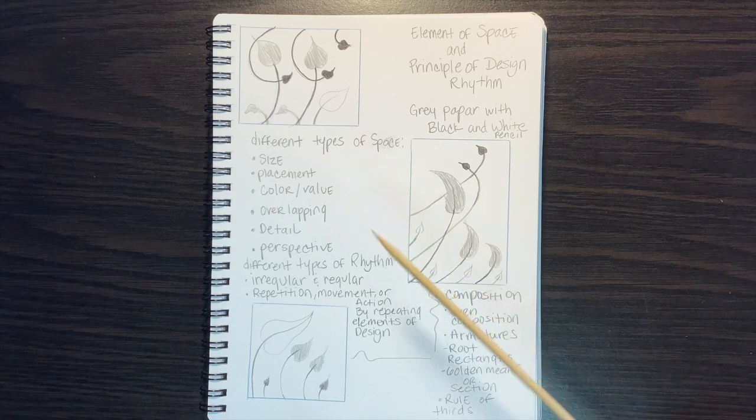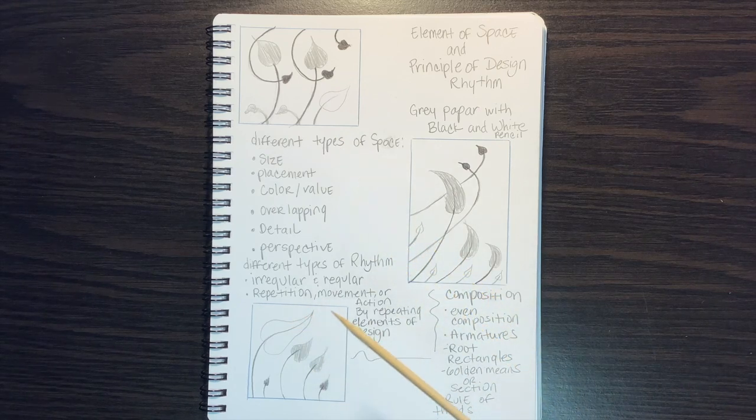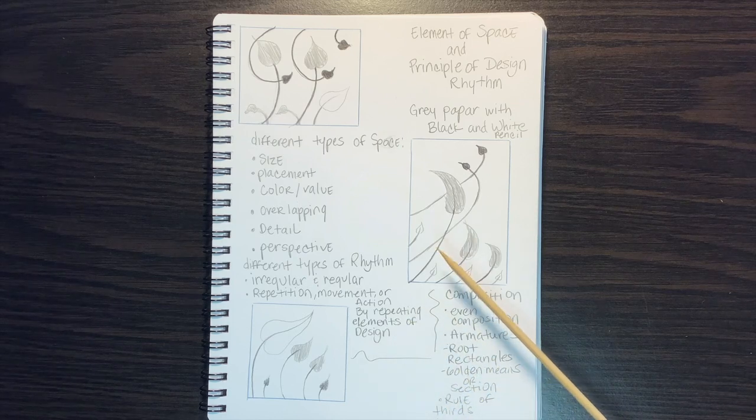Another thing when it comes to rhythm, you want to think about repetition, movement, or action by repeating elements of design. If you're seeing my composition, it's simplified down to just lines and shapes, but I am still trying to think of my space. What I'm thinking about is shallow space, not so much deep space.